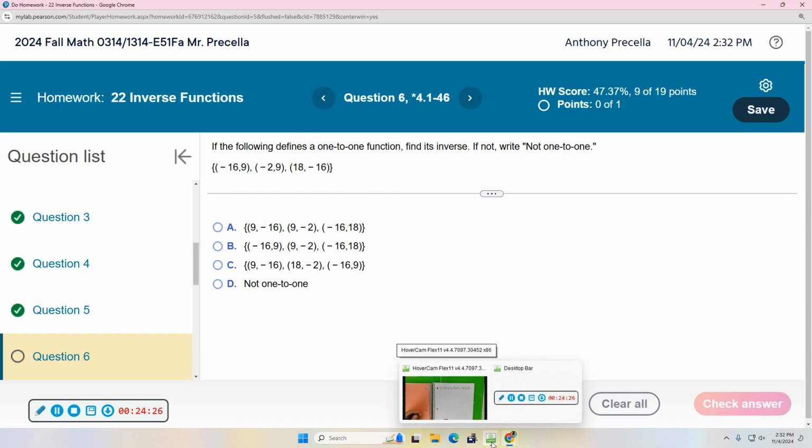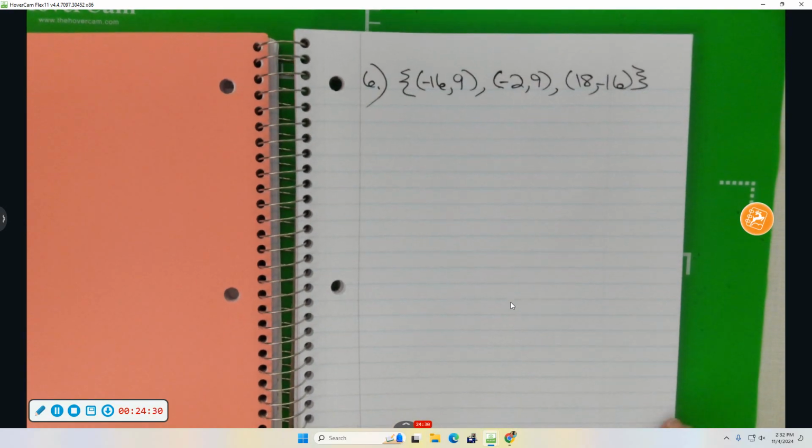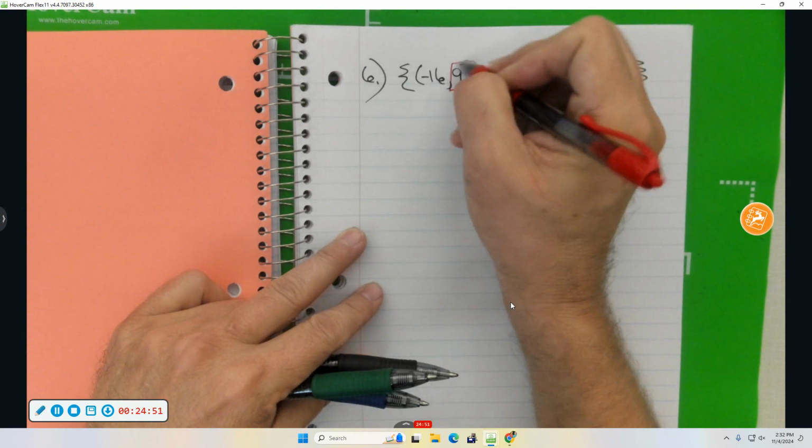The question is, is it 1-to-1? If it's 1-to-1, find the inverse. If it's not 1-to-1, we have to select not 1-to-1. What are we going to choose here as our answer? Is this 1-to-1? No, what's wrong? Okay, that repeated 9 here and here.